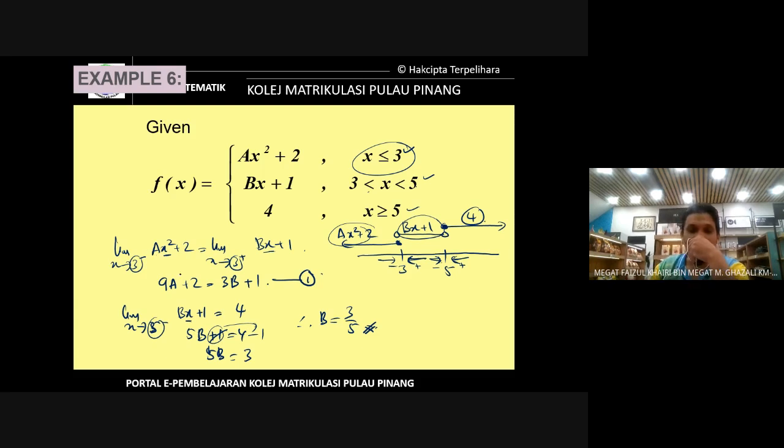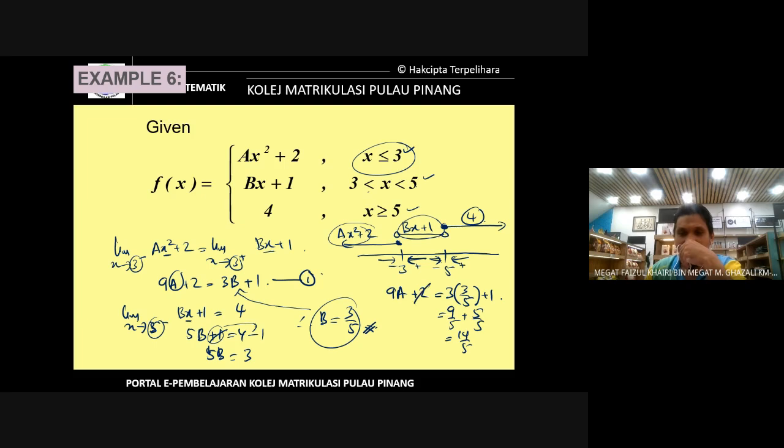So what about the value of a? Substitute b into this equation. 9a plus 2 equal to 3 over 5 times 3, plus 1. 9 over 5 plus 5 over 5 equals 14 over 5.